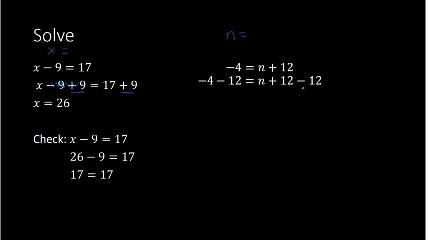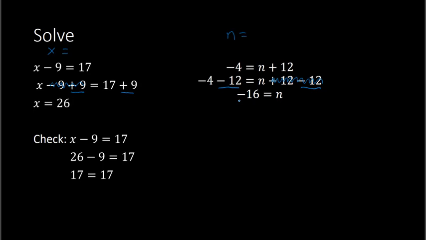So if I subtract 12 here on the right side and subtract 12 here on the left side, on the right side the 12 minus 12 will cancel. 12 minus 12 is 0. So I have n plus 0, or just n, on the right side. And then on the left side, I have negative 4 minus 12, which would be negative 16.